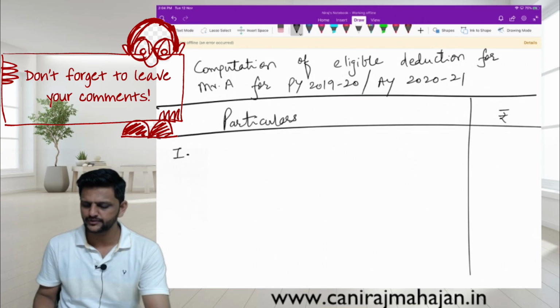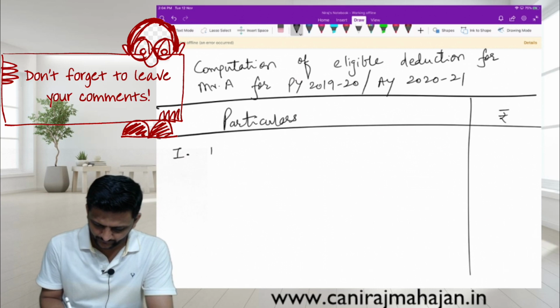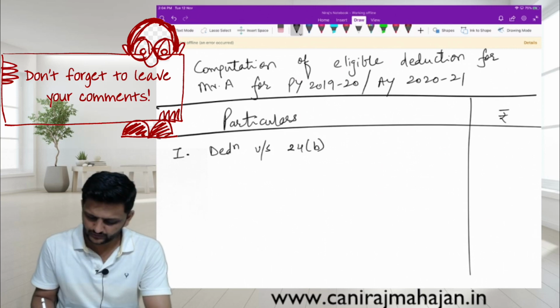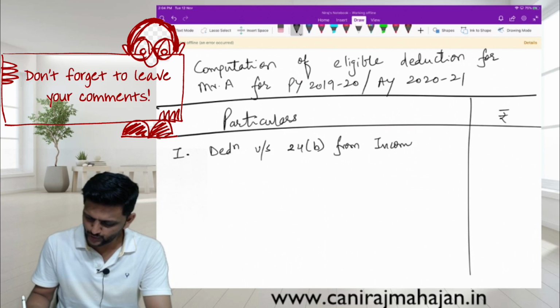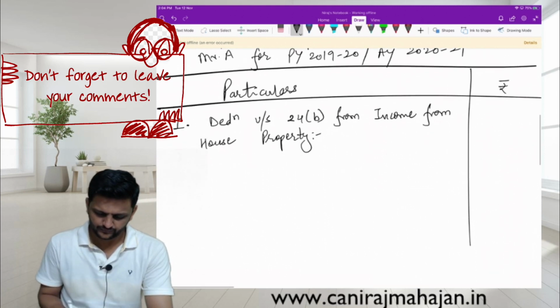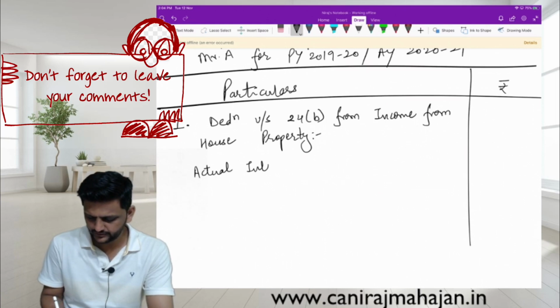So what is the first eligible deduction we can claim? 24B from income from house property. Actual interest paid is how much during the year?